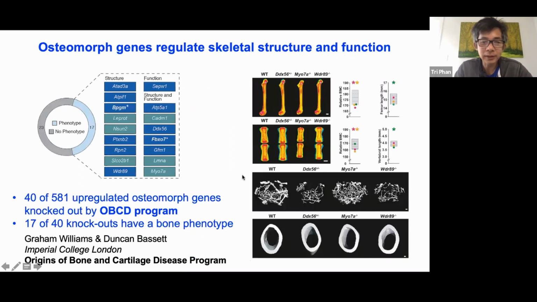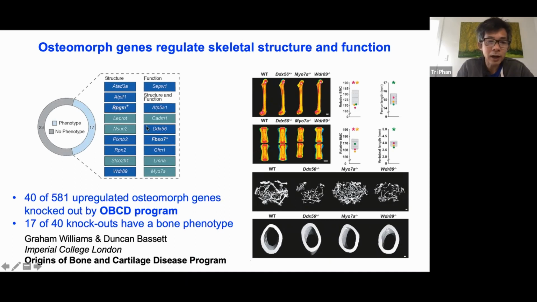And then just very quickly, we showed that these genes are actually very important and functional, because when they're knocked out in this OBCD program, you get bone phenotypes. So either the bone's shorter or longer, thicker or thinner, and also importantly, functional bone effects, either weaker or stronger.